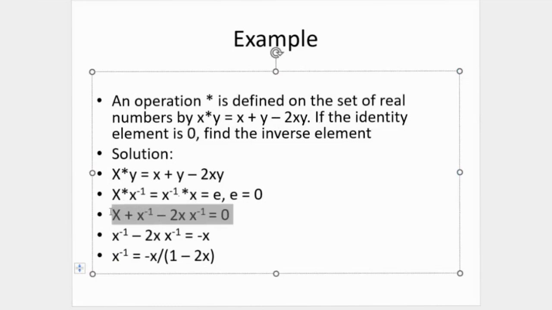Now, collect like terms as usual. Anything that has x inverse on one side and anything that does not have it on the other side. So x goes over to the other side and becomes minus x. We factorize out x inverse from here, which is 1 minus 2x. And then x inverse is simply minus x all over 1 minus 2x. So this is our inverse element. And of course, it's dependent on whatever x is going to be.